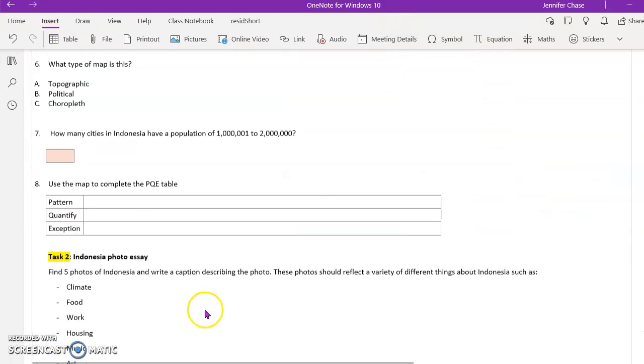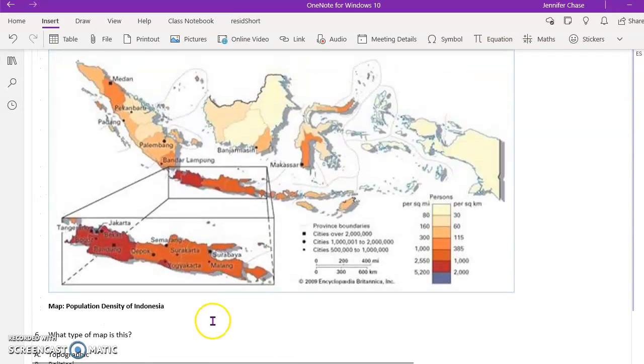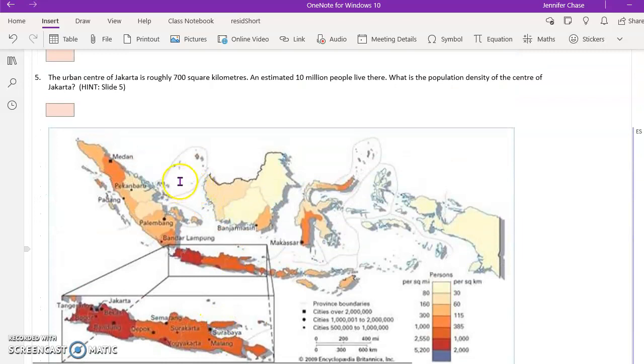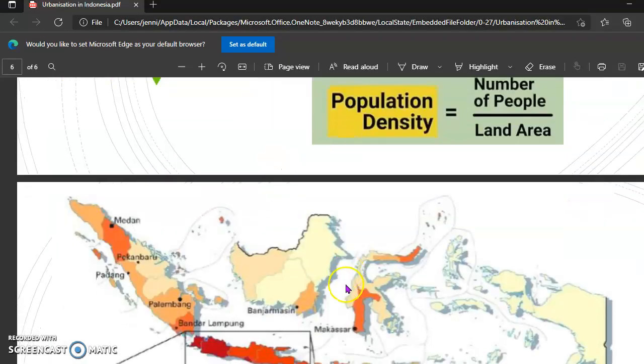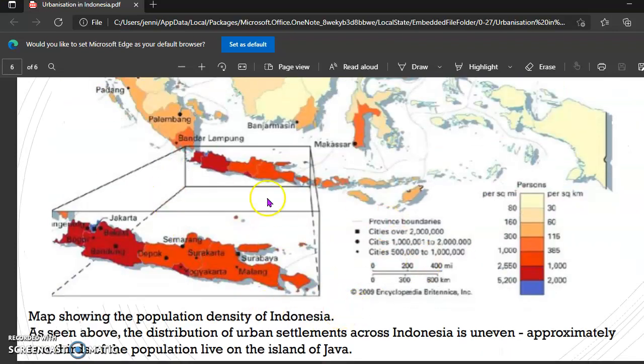All right, and then guys, what we're going to do is PQE again. So we've already spoken about the fact that Java is the most densely populated area of Indonesia, as you can see. This map is on here as well, on the last bit of the slide.